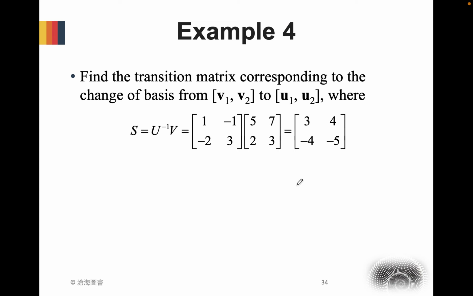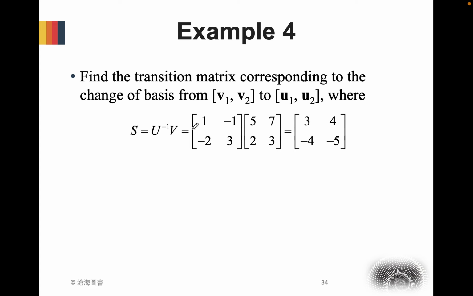So let's take a look at a real example. In this example, we want to find the transition matrix corresponding to the change of basis from V1, V2 to U1, U2.